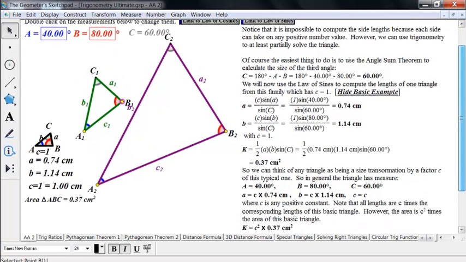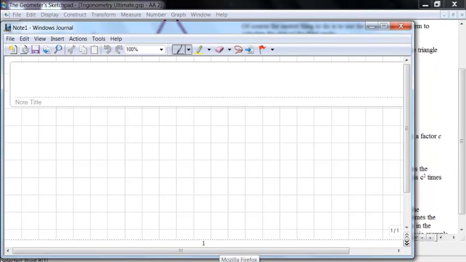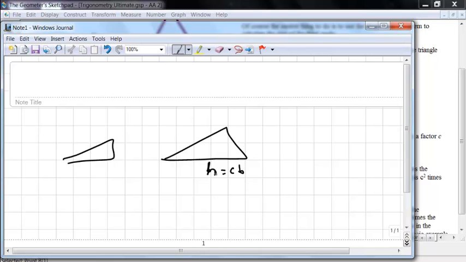Now, when we do this, you have to be a little careful because remember that on a triangle, let's say B1 is the one we came up with in our solving.